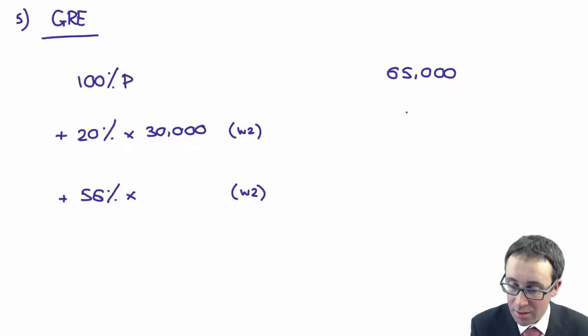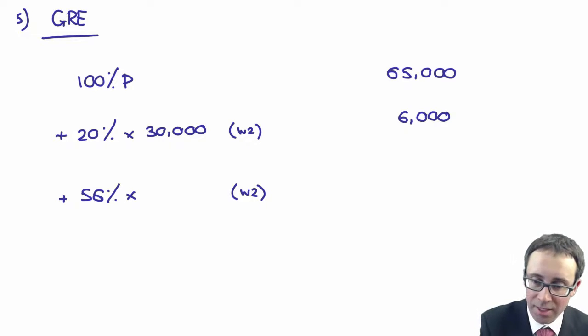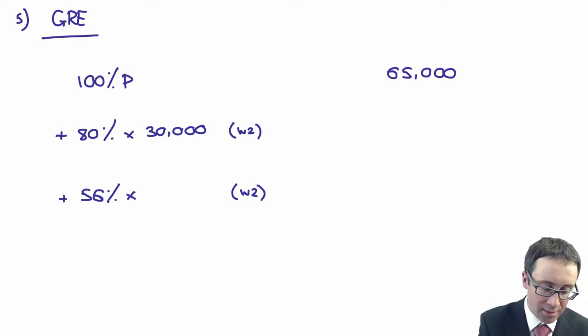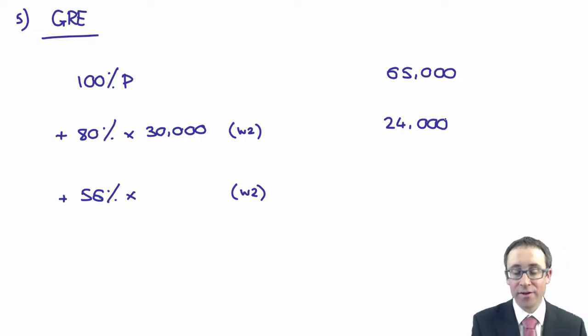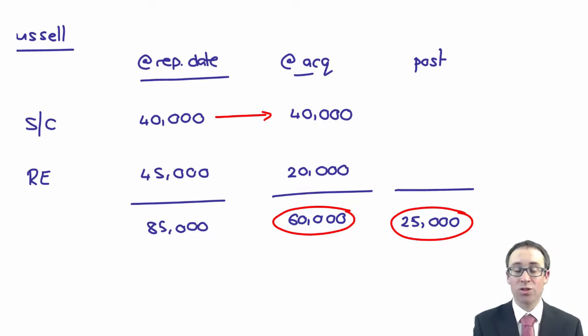Does that give me 6,000? Not 20%. Careful, Christopher. I'm sure you're all shouting that at me. It's 80%, isn't it? 80% of 30,000. Yeah, that's more like it. Is that 24,000? And 56% of 25,000 of Russell.